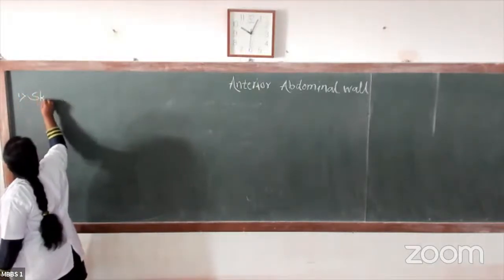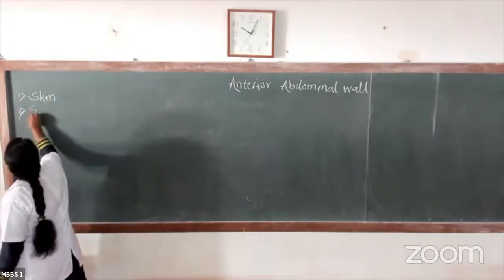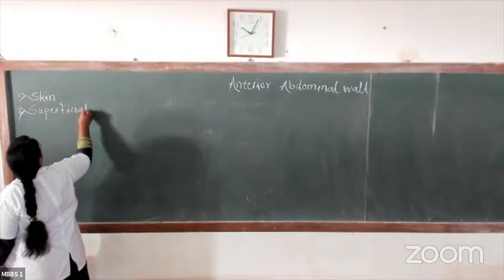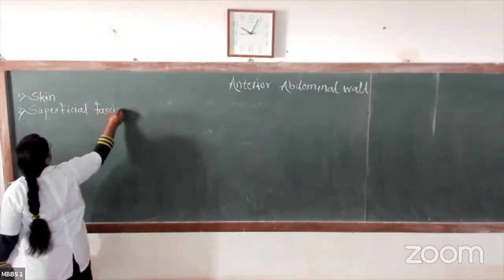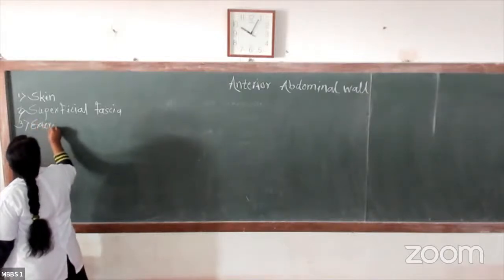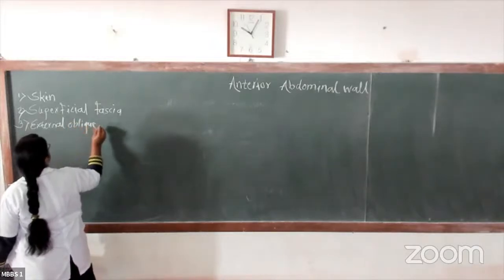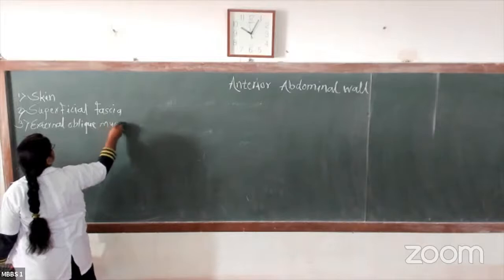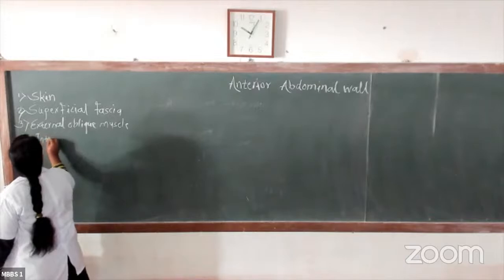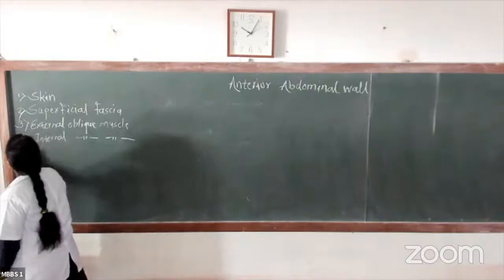So from superficial to deep, first is skin, then superficial fascia, then external oblique muscle with its aponeurosis, fourth is internal oblique muscle with its aponeurosis.